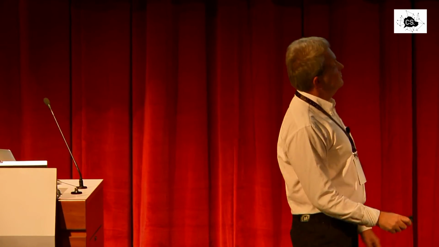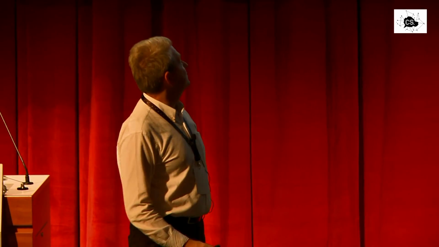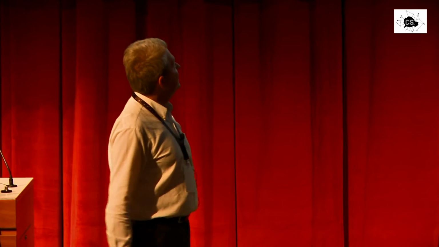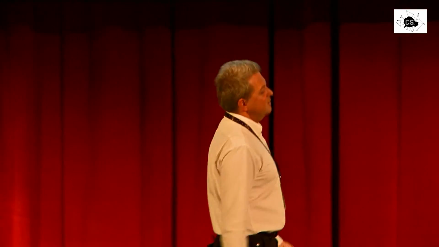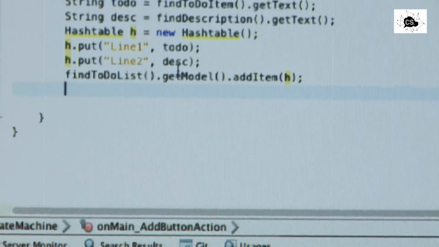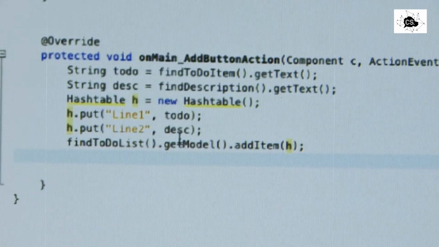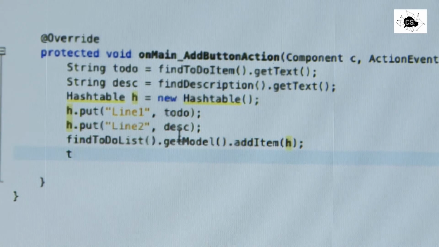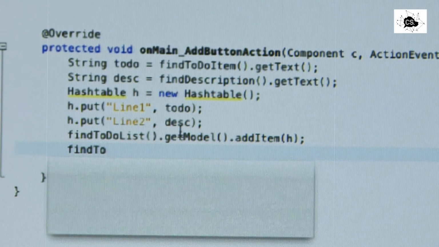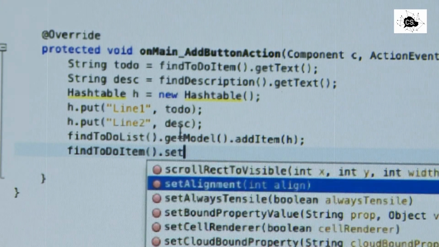And when I add some item, I want to remove the text from these text fields. I will do this now. I say findToDoItem, setText, empty string. For the next one, also for description. Find to-do list.